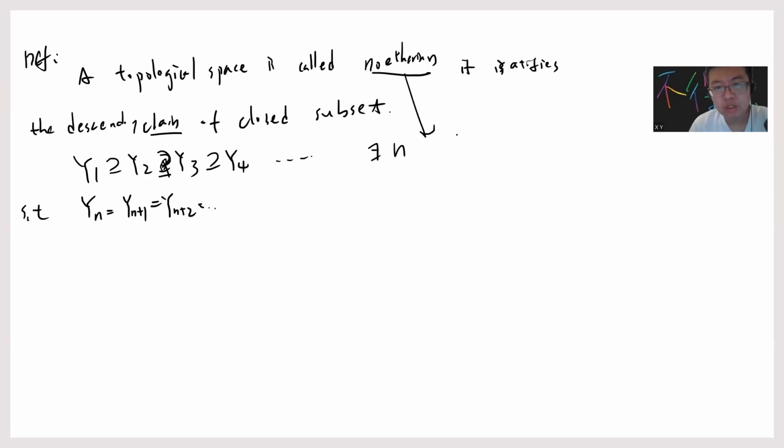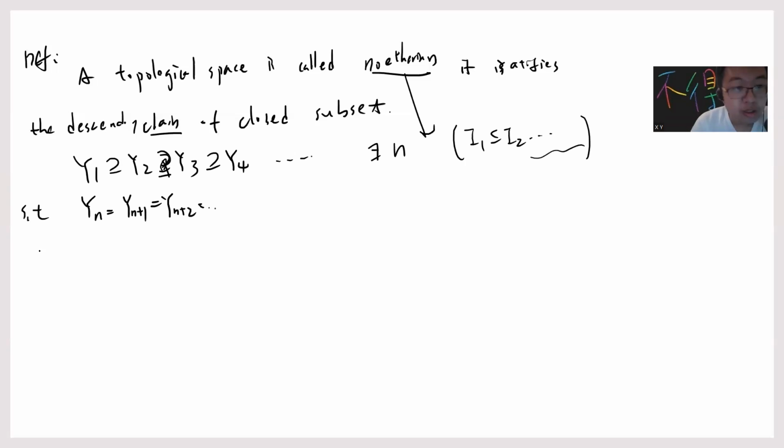If you talk about a ring, then an ascending chain of ideals terminates. I think we will talk about the correspondence between these later.